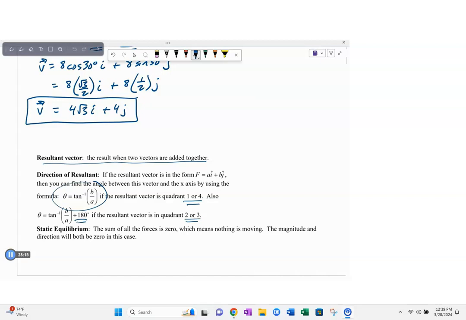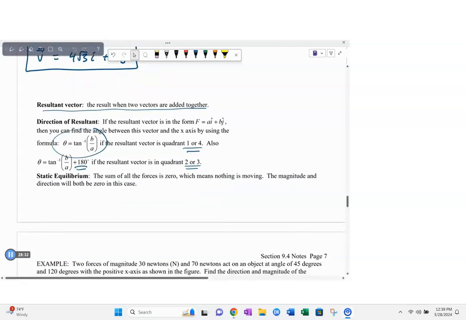That's because it's spitting out a different angle due to the inverse tangent, okay? Now, static equilibrium, that's when the sum of all forces is 0, which means nothing is moving. So the magnitude and direction will both be 0 on that. Again, just some more vocabulary.